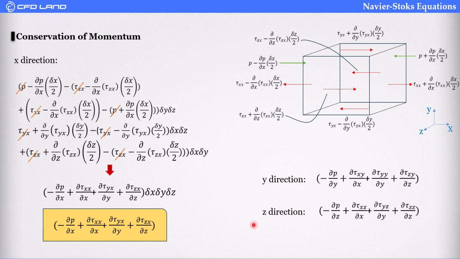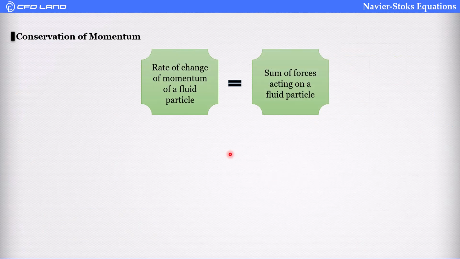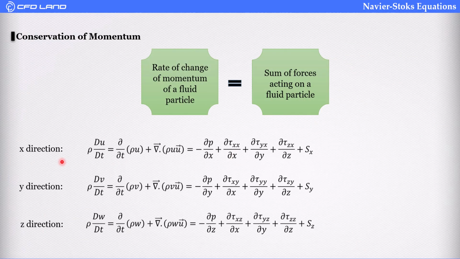The y and z directions are accordingly. And if we set the right-hand side and left-hand side equal to each other, we have these equations for the three directions x, y, z.